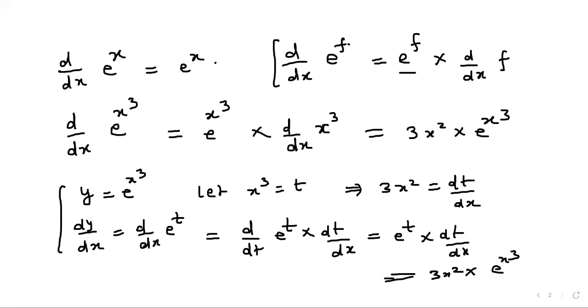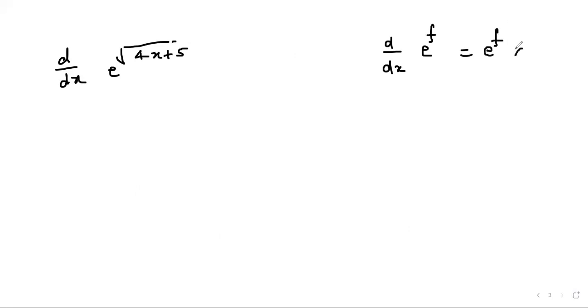Now take some more examples. Suppose d upon dx of e power root of 4x plus 5 is to be found. So here, the first rule that we apply is d upon dx of e power function, that is e power function into d upon dx of function.